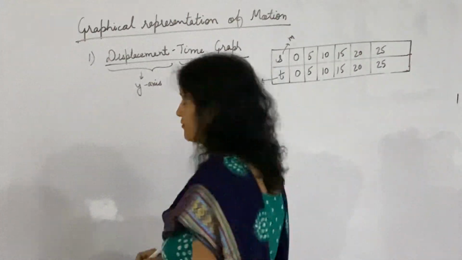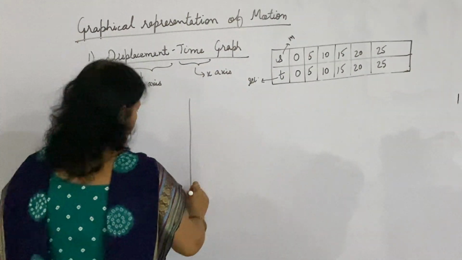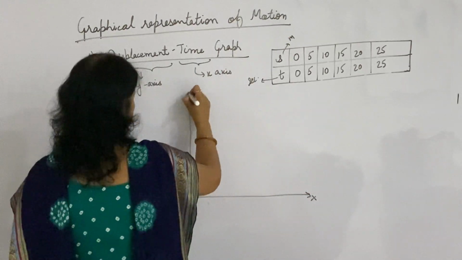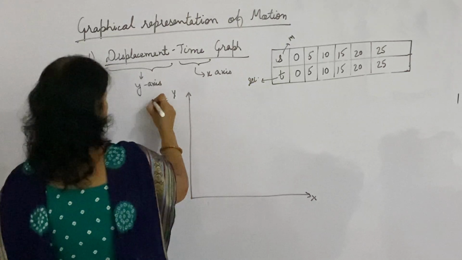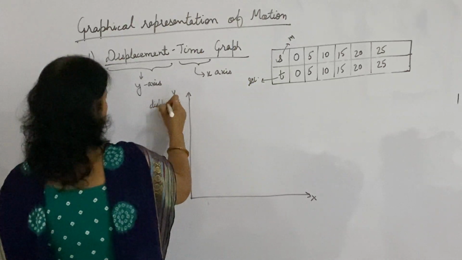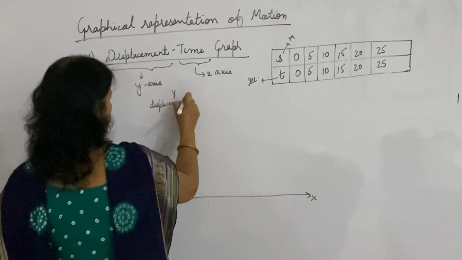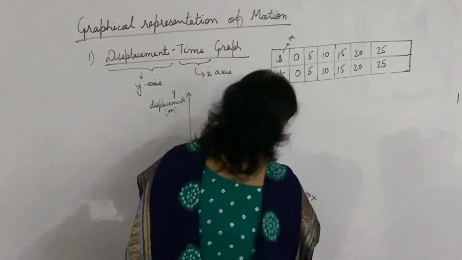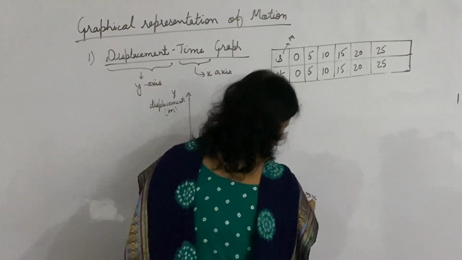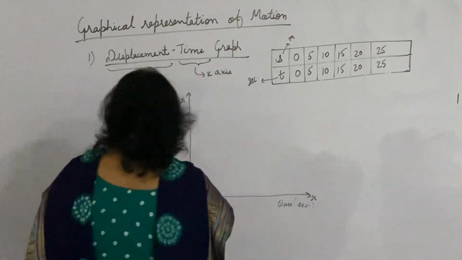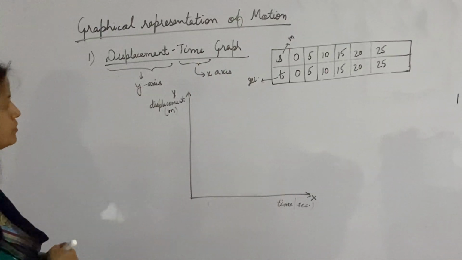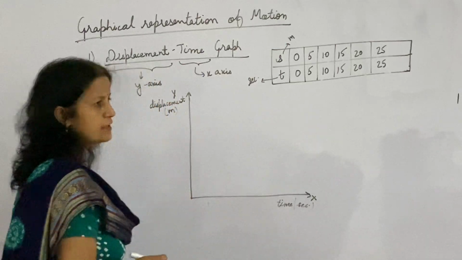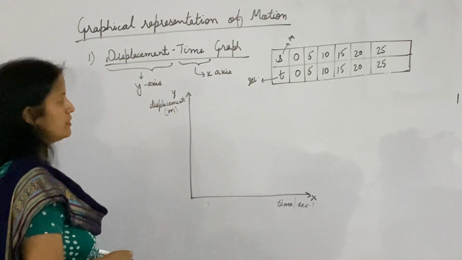For the graphical representation, we draw two axes. This is the x-axis, and this is the y-axis. The y-axis represents the displacement, in meters. The x-axis represents the time, in seconds. Now, for drawing the graph, we calculate the difference between the maximum value and the minimum value.